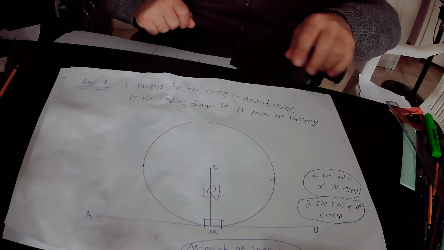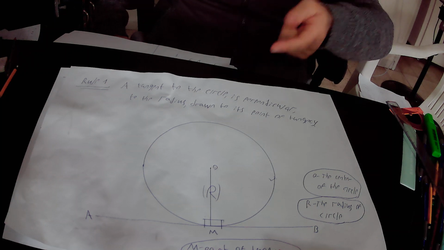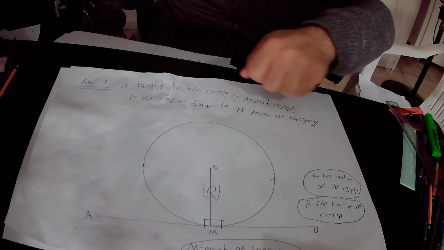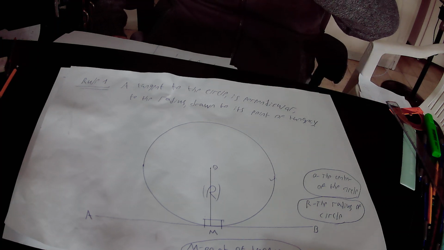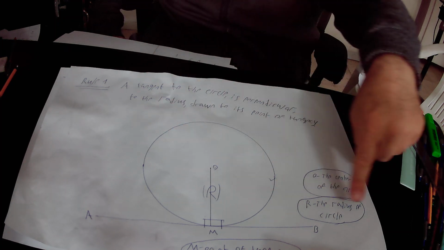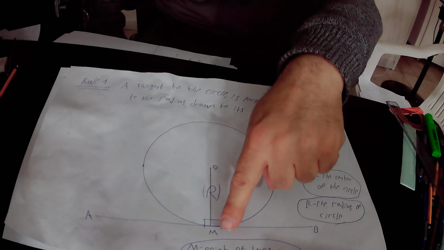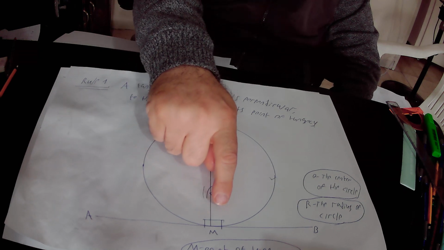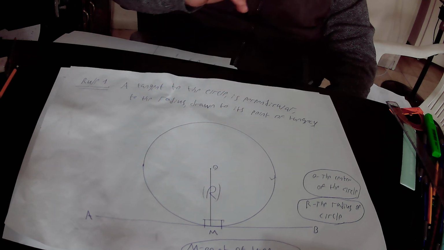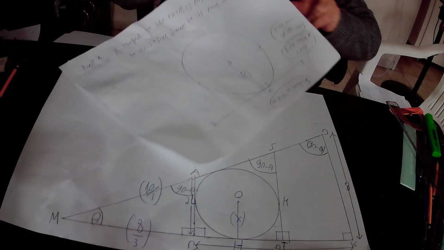And we have also the radius OM that is drawn to point M. And whenever you have a radius that is drawn to the point of tangency, then tangent AB will be perpendicular to the radius MO. If AB is perpendicular to MO, it means that this angle equals 90 degrees, and this angle also equals 90 degrees according to rule 1. Actually, we can implement rule 1 in our drawing.